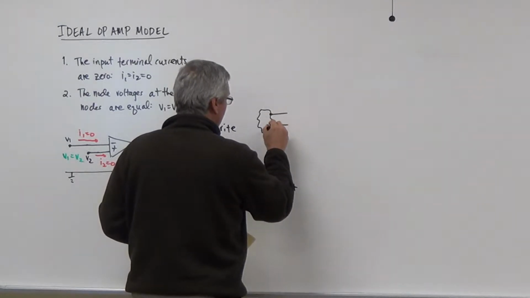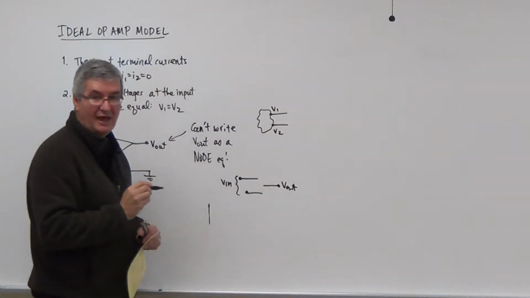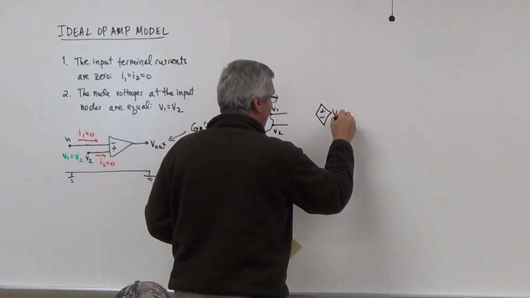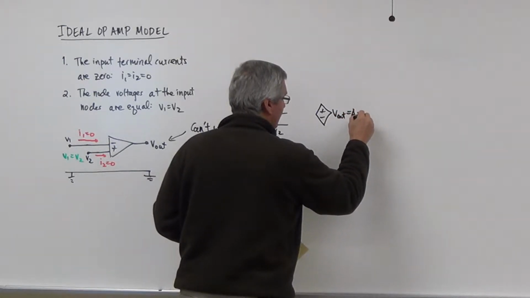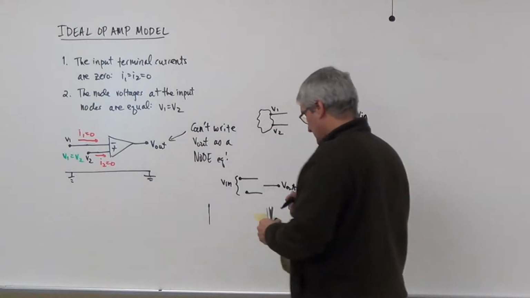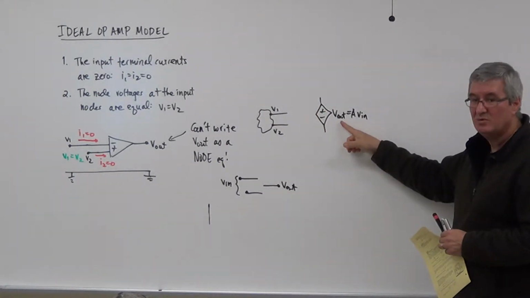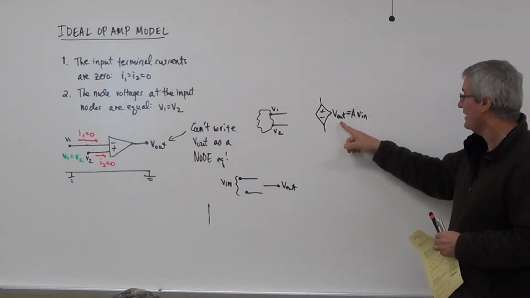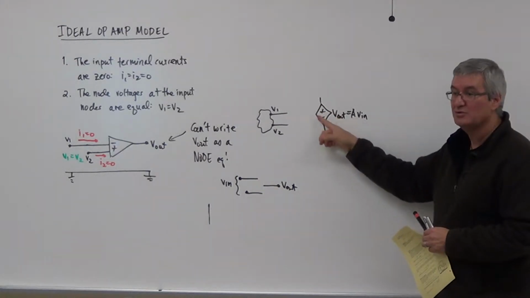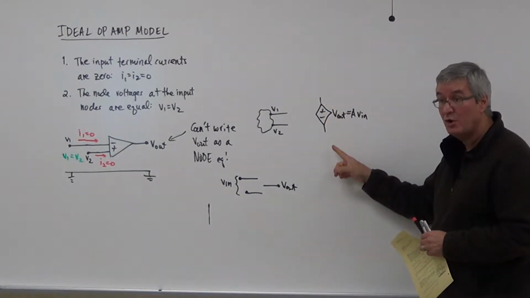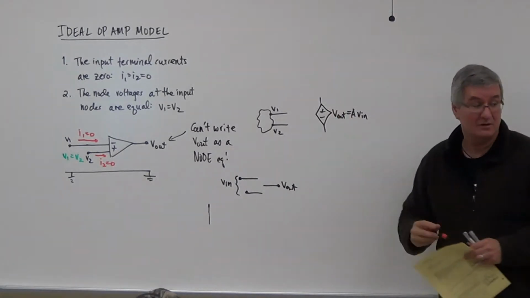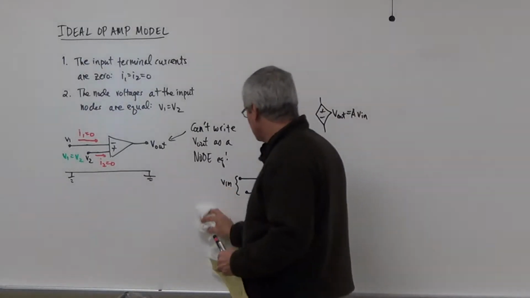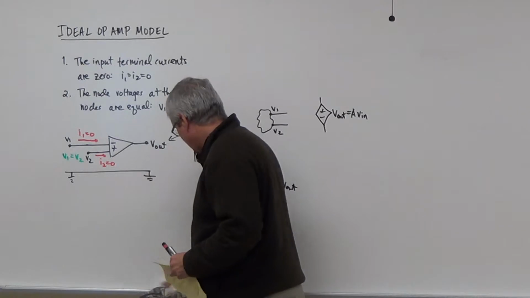I'm going to take V1 and V2 relative to that, and then somewhere else in the circuit, I'm going to get V out that's equal to some scale factor versus V in. So if you try to write a node equation for V out, that doesn't make any sense, right? You can't write a voltage source as a node. You can write the node above and the node below, but you can't write that as a voltage node equation.